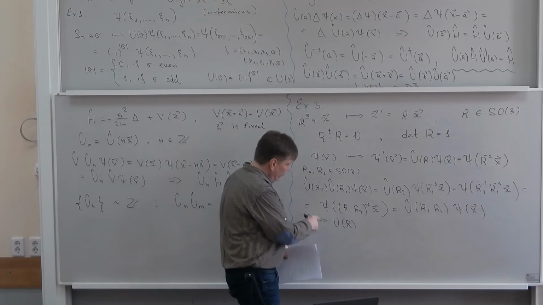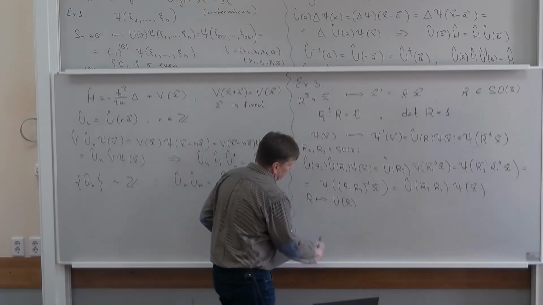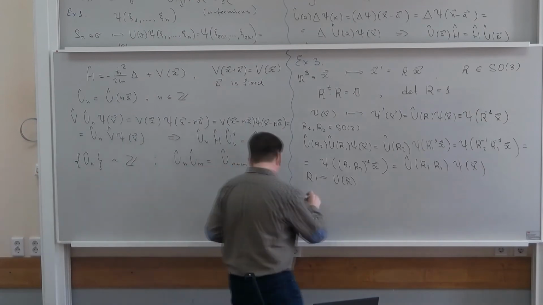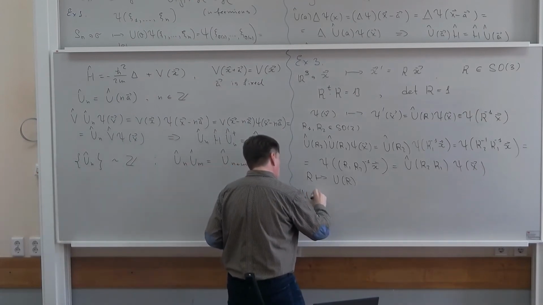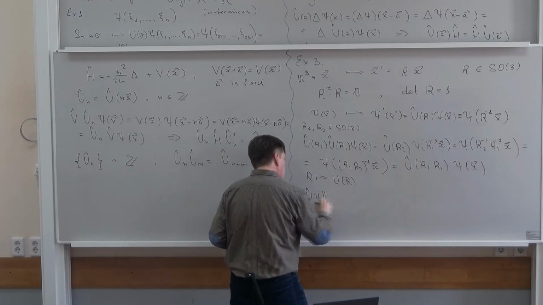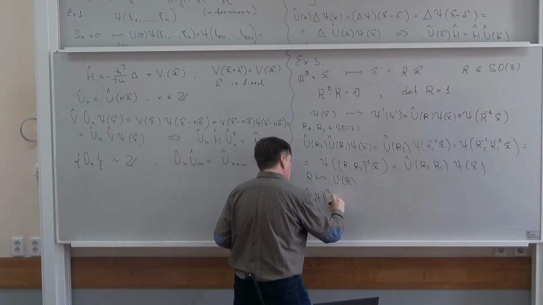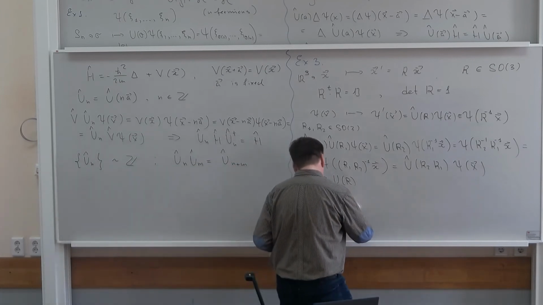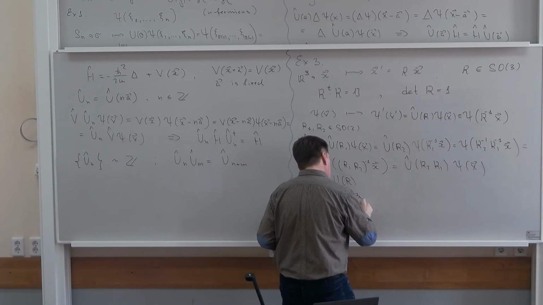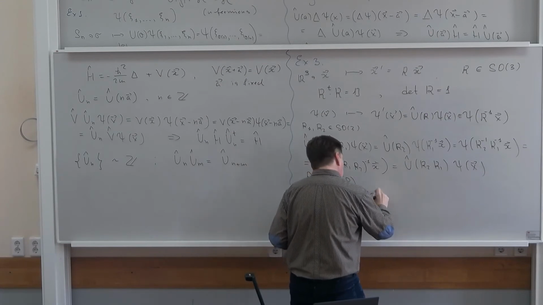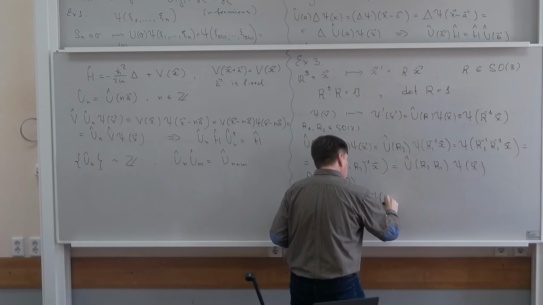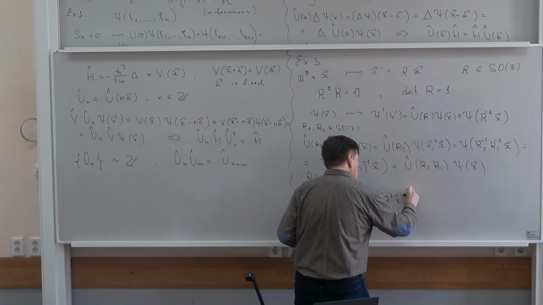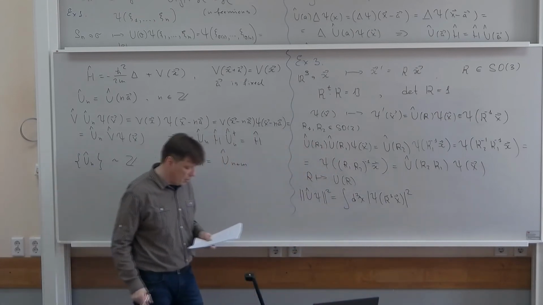Let's verify unitarity. Again, we consider the norm of the transformed wave function, or more precisely, the norm squared. This is given by the integral over 3-space of the modulus of psi of R to the minus 1 x, modulus squared.